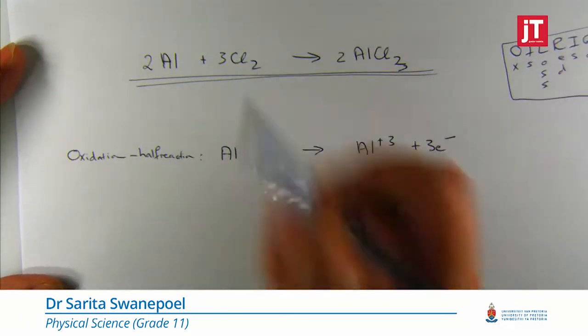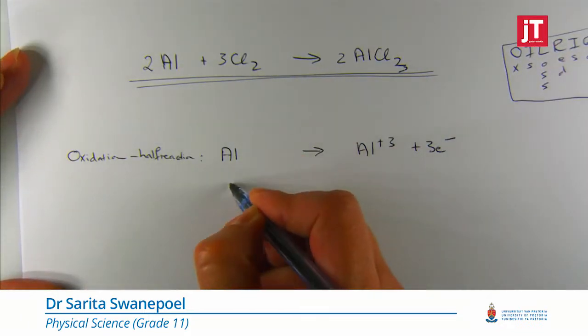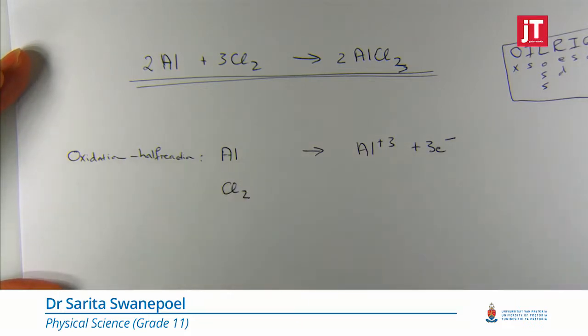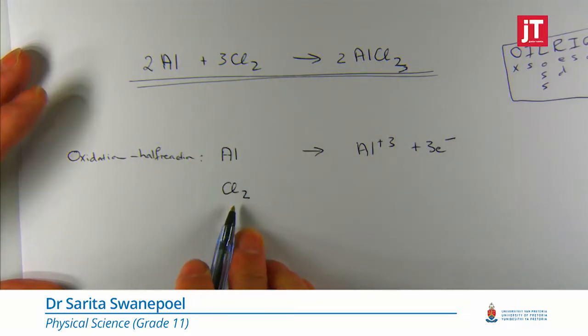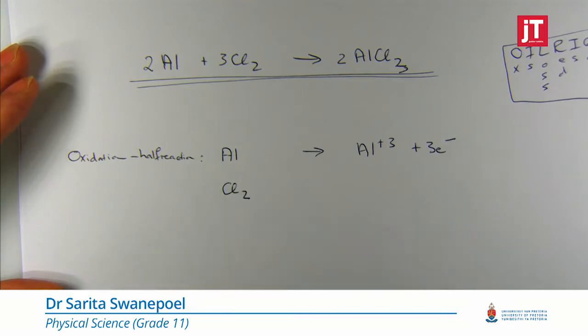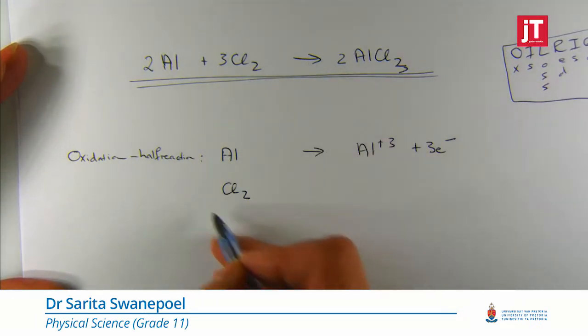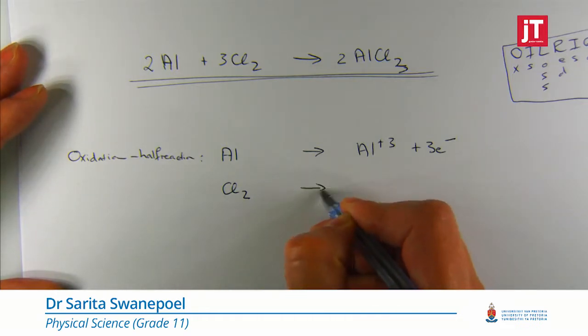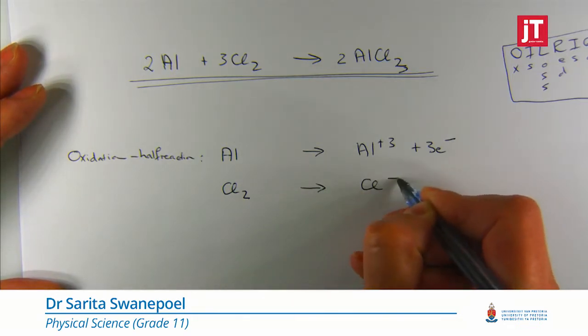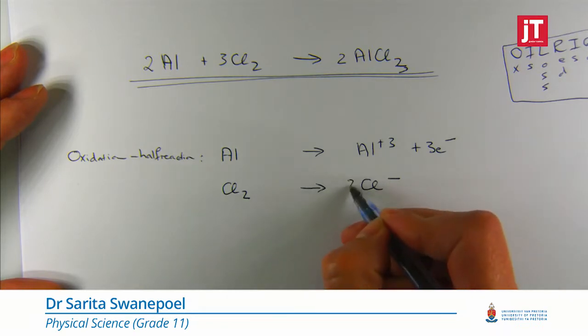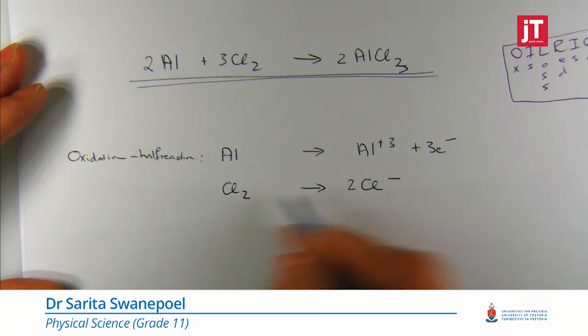Let's go back to our reaction. Now we're looking at the chlorine. We start out with Cl2. I can't break that into separate chlorines, they are bonded together. And that ends up being Cl-. I need 2 of them, because there are 2 chlorine atoms on this side, so I need 2 chloride ions on that side.